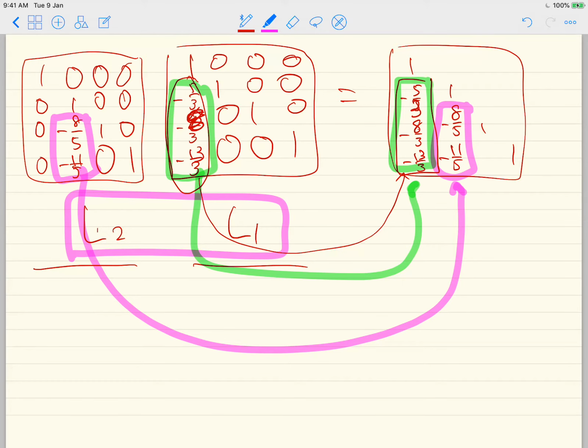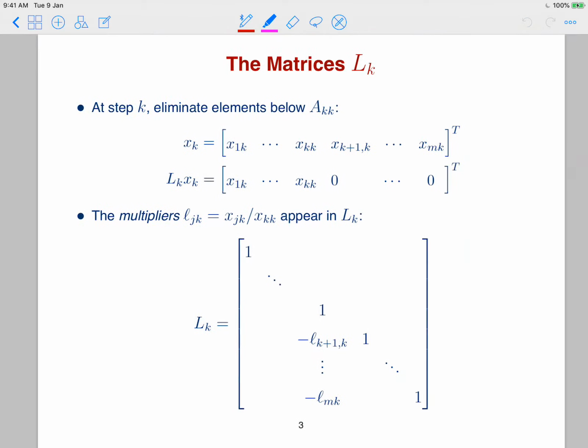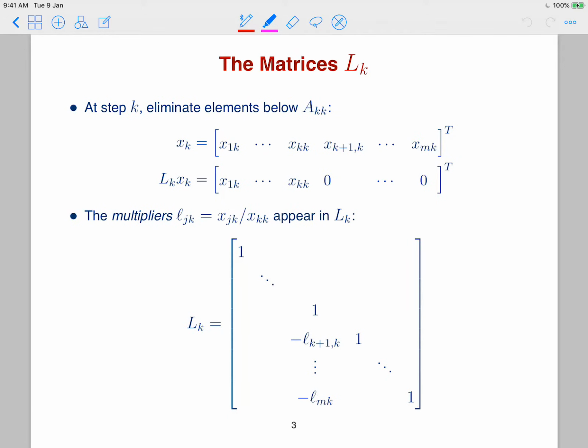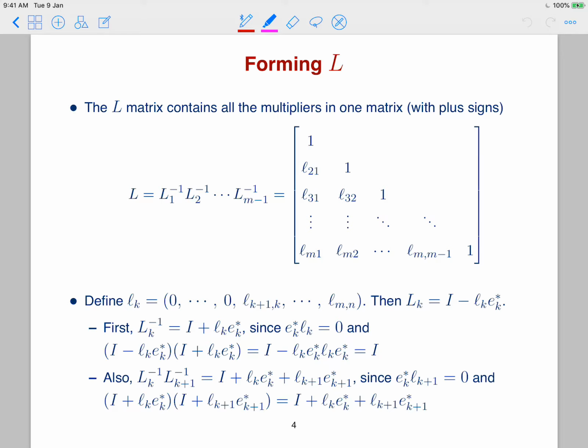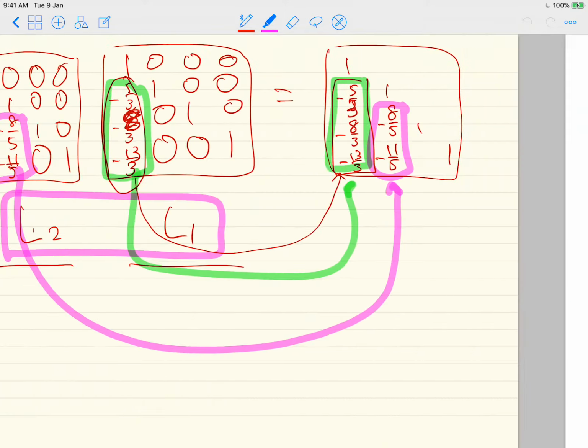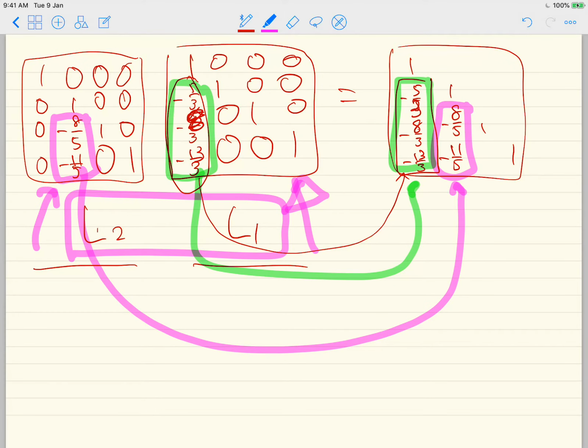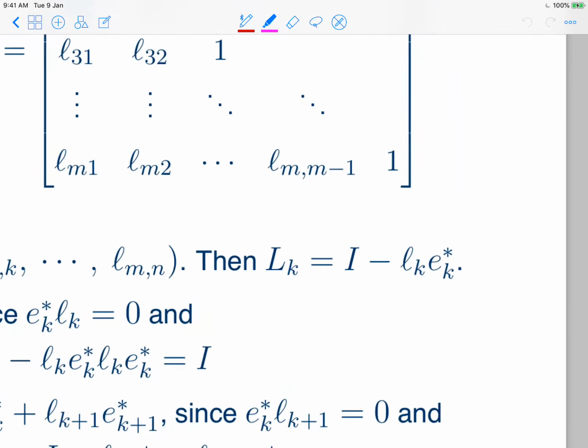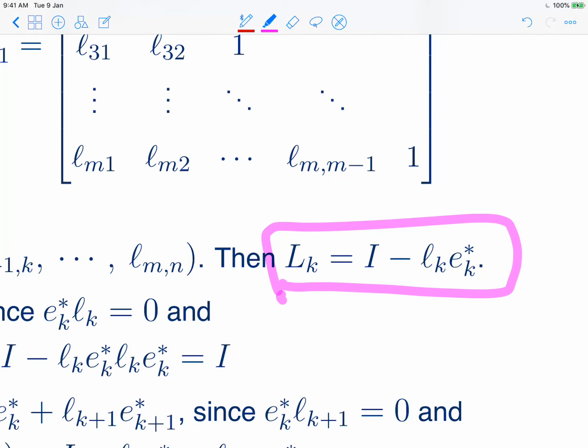Okay, so in this case, let's try to understand and prove why we don't need to perform the actual multiplication between these two matrices. Let's represent each of these lower triangular matrices L, like this one or this one, in another form like this.